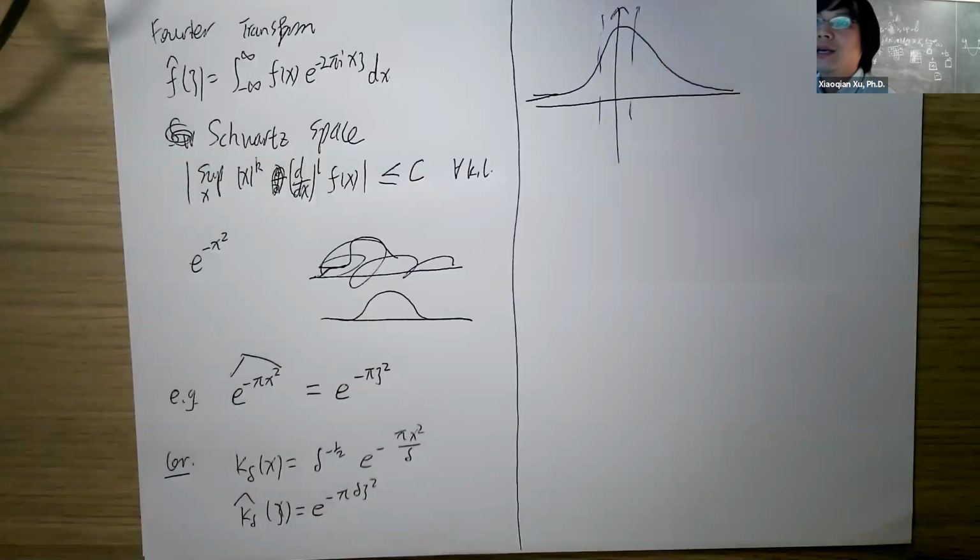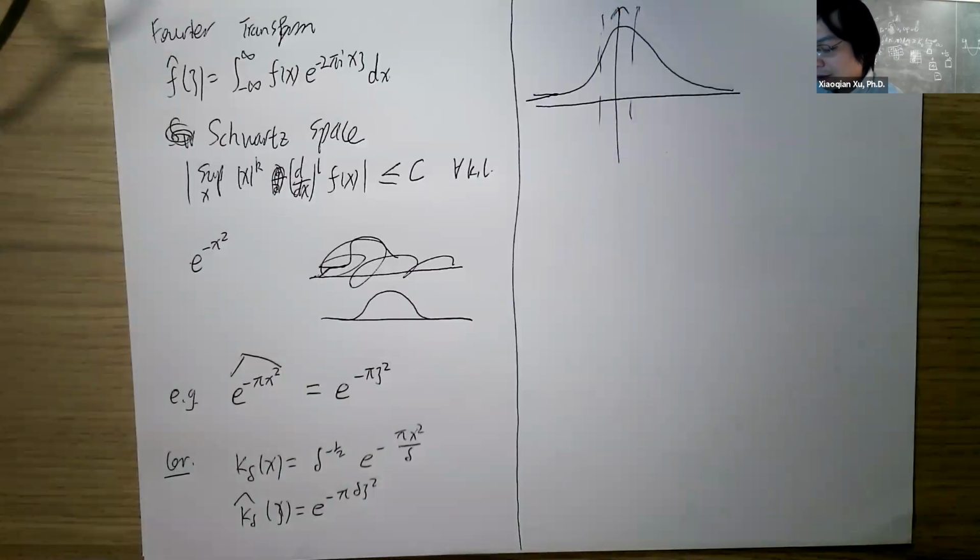I think you also learned about the normal distribution. The normal distribution simply says that around x equals 0 the probability is very high, but if x is super big, then the probability is very low, and so on.